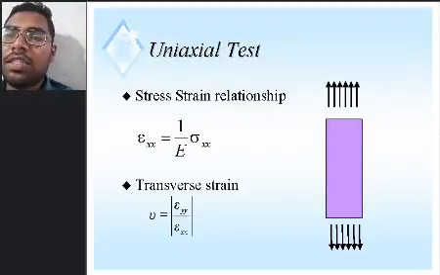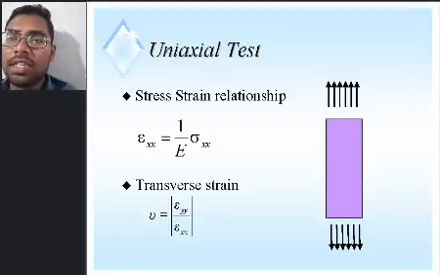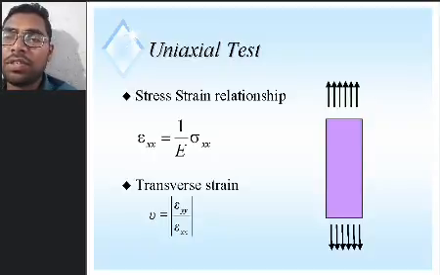The stress strain relationship is epsilon equals 1 by E into sigma, where E is the Young's modulus and sigma is the stress along the axis, which gives the strain. And transverse strain is mu equals the modulus of epsilon from the Y axis divided by epsilon from the X axis.